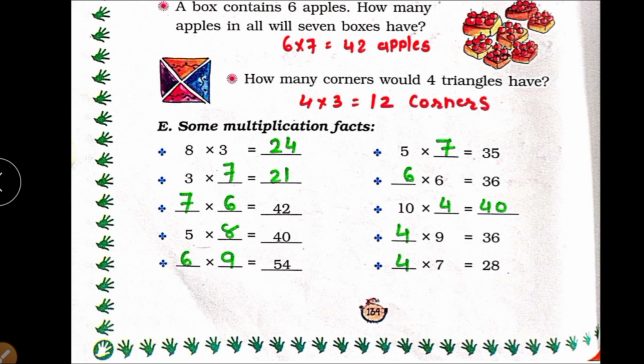Okay, we know in 9's table and 6's table 54 will come. So directly we can write 6 9s are 54. Now 5 multiply dash equal to 35. 5 7s are 35. Now for 36, same. 6 6s are 36. Same you have to do for other sums.